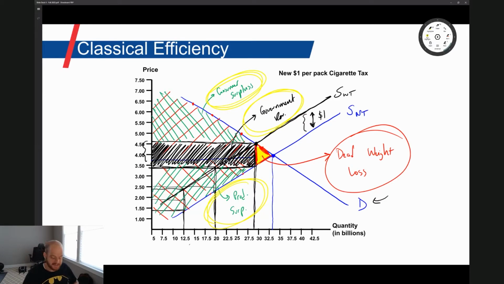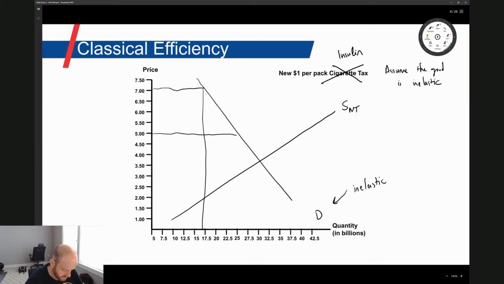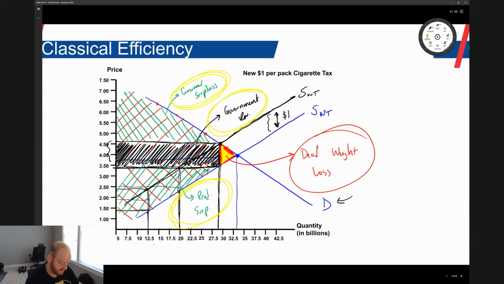So it's a very elastic good, meaning that if price changes, quantity changes quite a bit. Here, this demand line is inelastic, meaning the amount that we purchase when this is $7 is really not that different than the amount that we purchase when this is $5, right? This difference is smaller on this line than it is on this line, right?